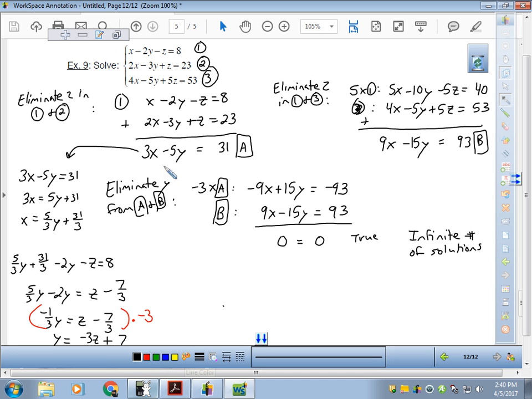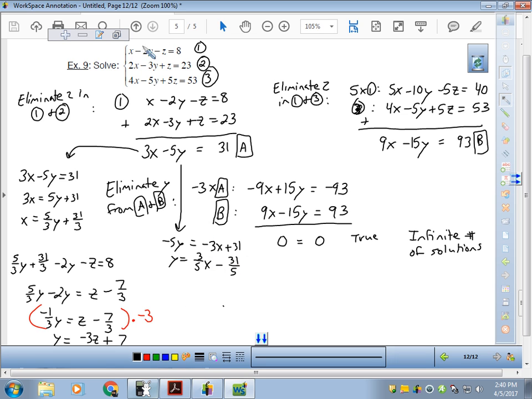Okay. Now we're going to do the same thing, but instead of solving for x, we're going to take this equation and solve it for y. So negative 5y equals negative 3x plus 31. So y equals 3 over 5 x minus 31 over 5.